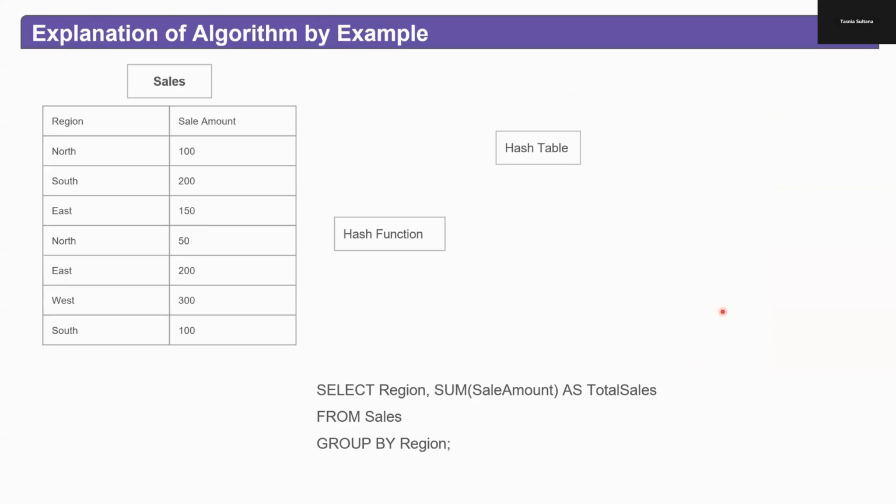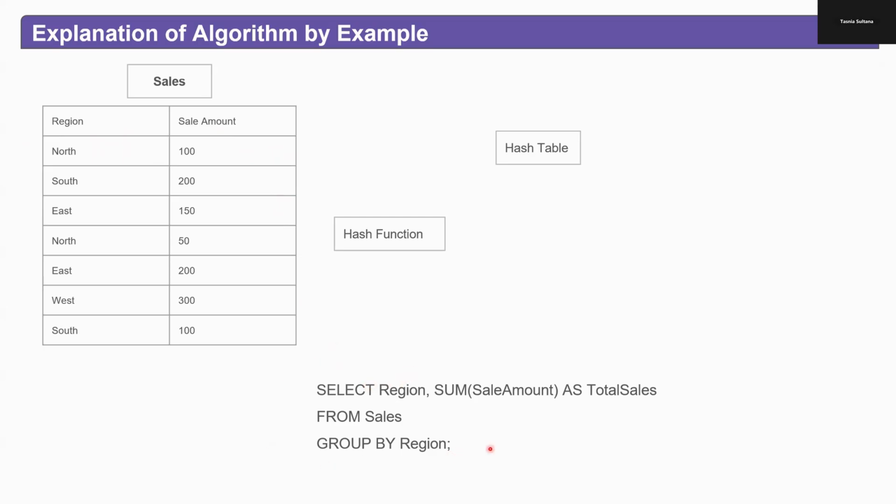So let's see what the algorithm looks like with an example. We have this table. It shows a set of sales data with two columns, region and sale amount. Each row represents a sales transaction from a specific region, and the amount indicates the sales value for that transaction.